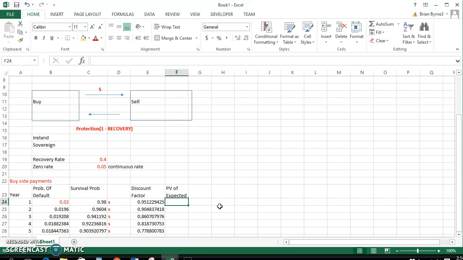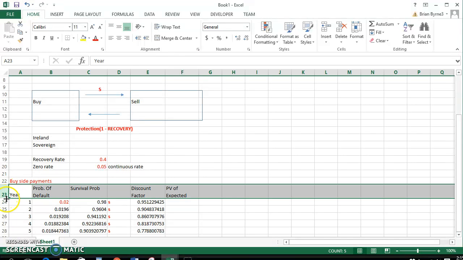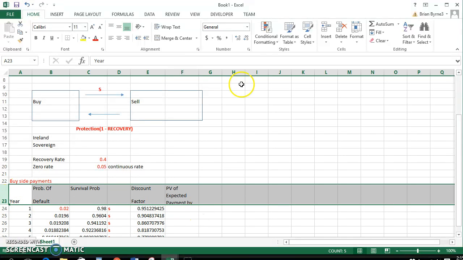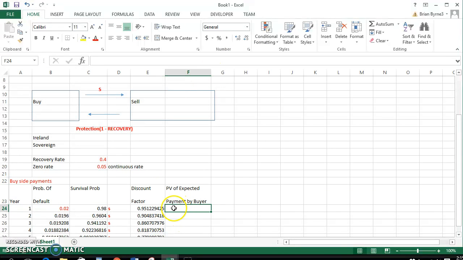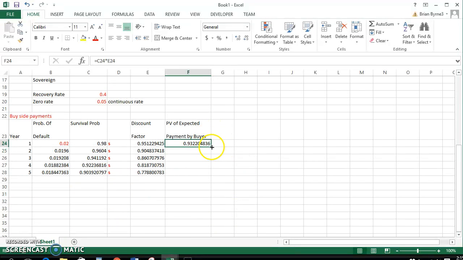Okay, and maybe stretch this out a little bit, reformat, and widen again. Okay, so we take the product of the survival multiplied by the discount factor. Okay, and we pull this down again.